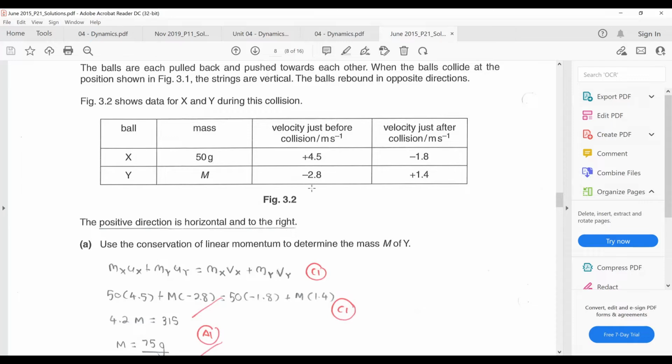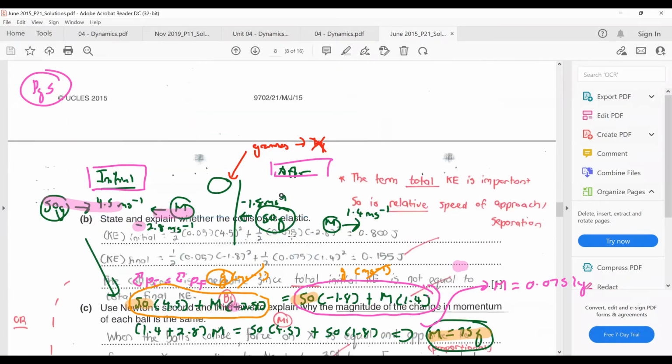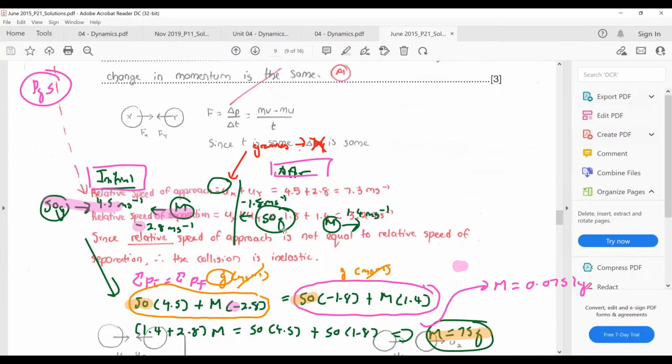Now, the easiest one for you to do right now would actually be to use relative speed of approach and separation. The easiest approach for you right now to evaluate whether this collision is elastic or not would be to use relative speed of approach or relative speed of separation.